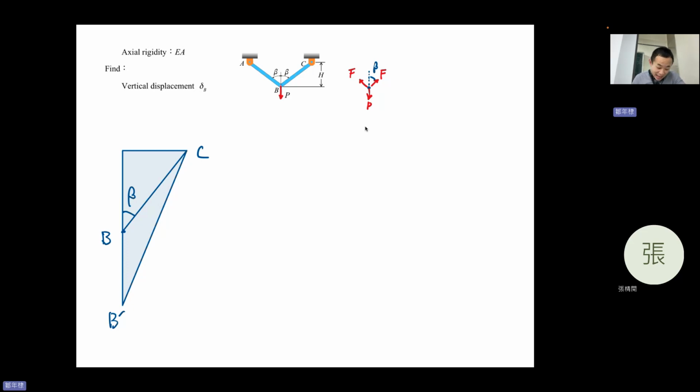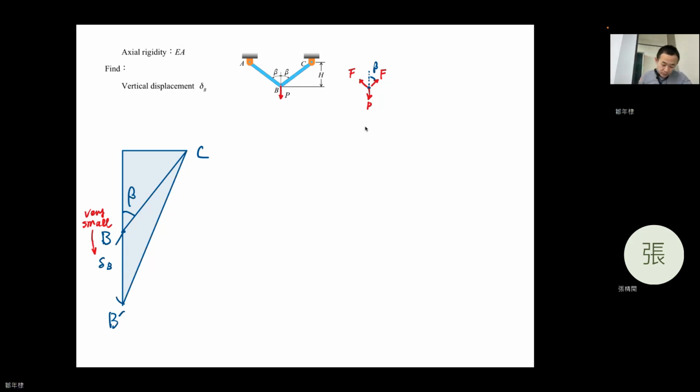Actually, I believe you know that this figure is greatly exaggerated, but actually the delta B, which is what we are going to determine, is very, very small. However, I just drew it really exaggerated, okay?